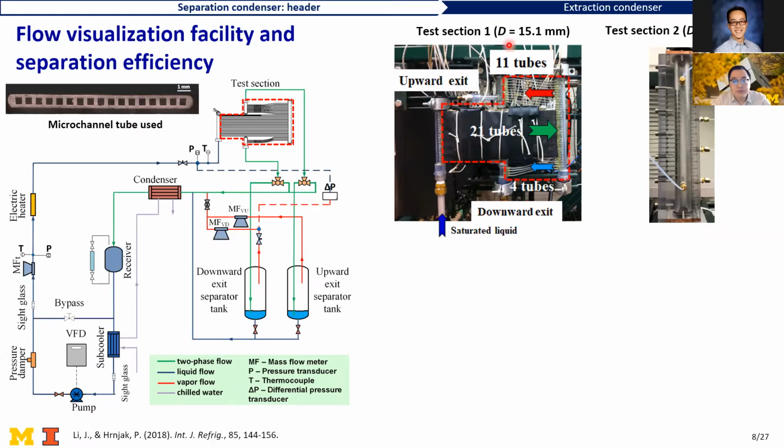That drove me to conduct experiments in another facility, which is a pump-powered cycle. In that cycle, I use electric heating to create a two-phase flow coming into the second header, and I made the header transparent to allow flow visualization.